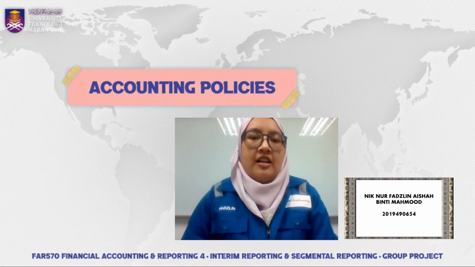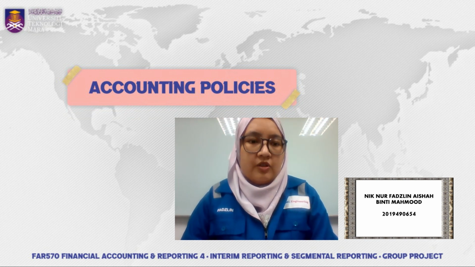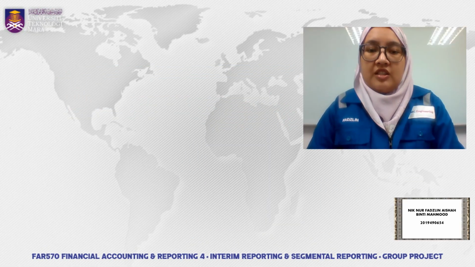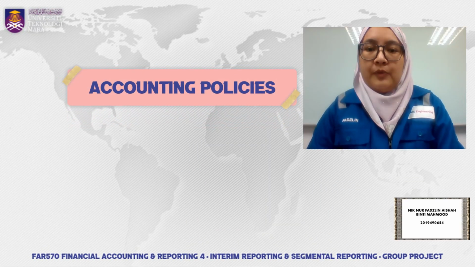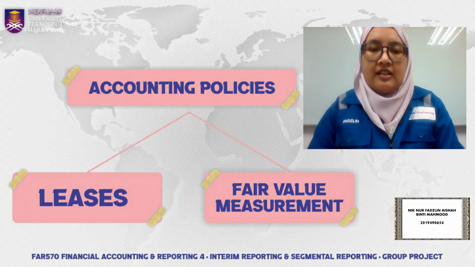Accounting policies are the specific principles, bases, conventions, rules and practices applied by an entity in preparing and presenting financial statements. There are two accounting policies practiced by Grant Thornton. The first accounting policy is leases under MFRS 16.